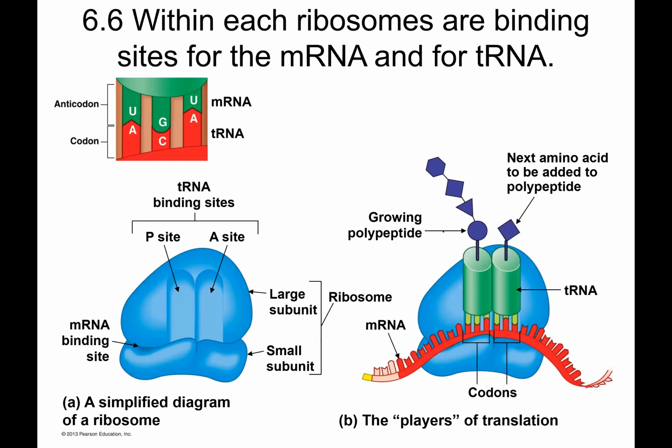Okay, this picture here has a lot of things going on. I'm trying to see if it's in your book. It does not look like this one is in your book. Okay, so within each ribosome are binding sites. Remember, a ribosome is made up of ribosomal RNA and proteins.